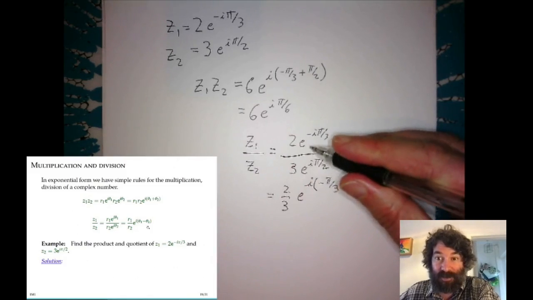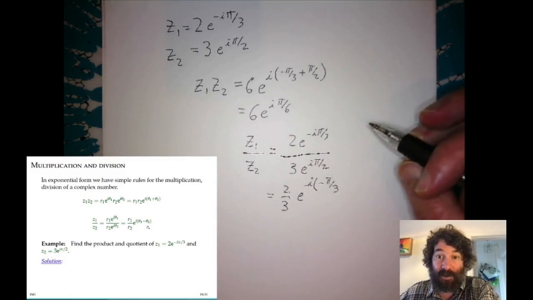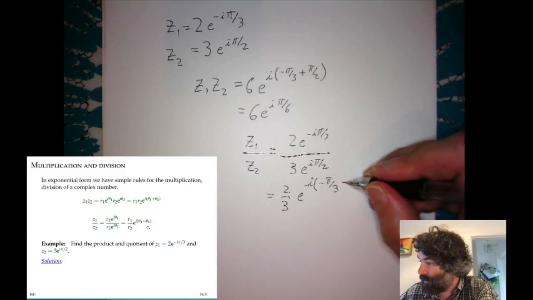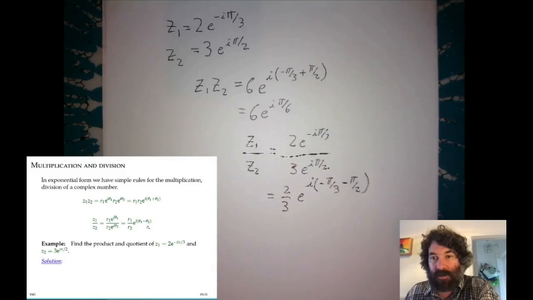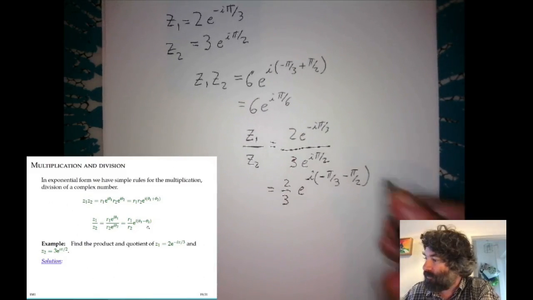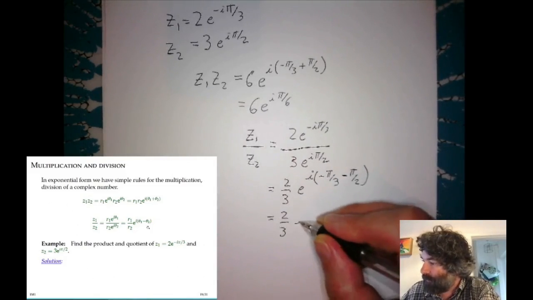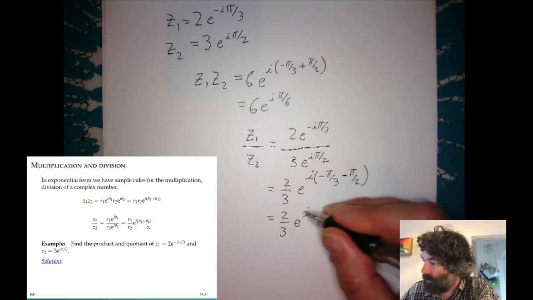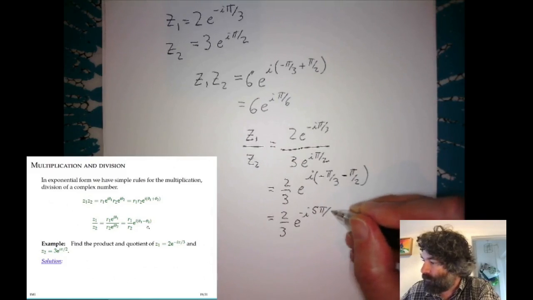And when we have e to the I pi over 2 in the denominator, that's e to the negative I pi over 2 in the numerator, minus pi over 2. And so you take negative pi over 3 minus pi over 2, you get negative 5 pi over 6. So this is 2/3 e to the negative I 5 pi over 6.